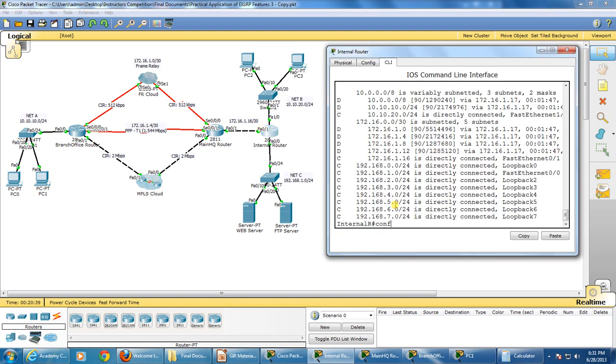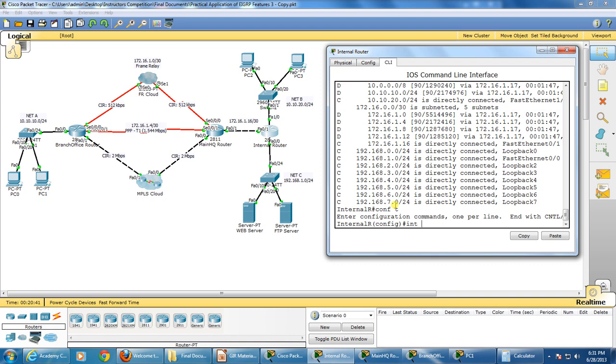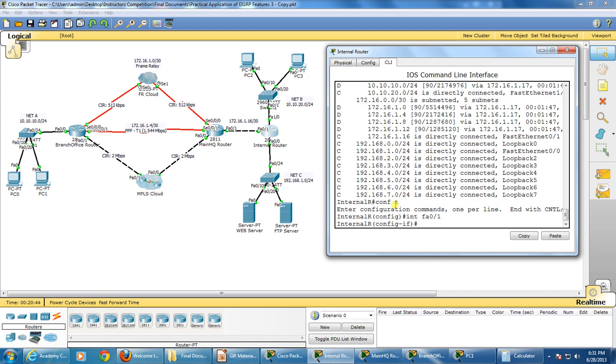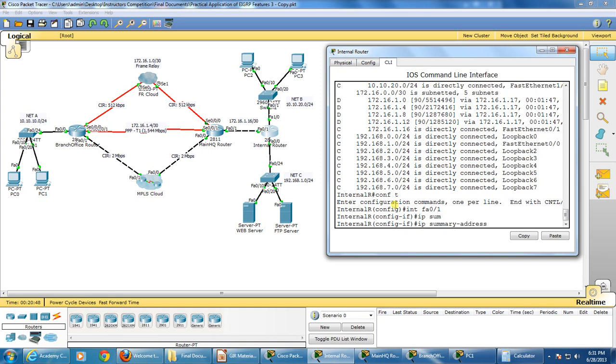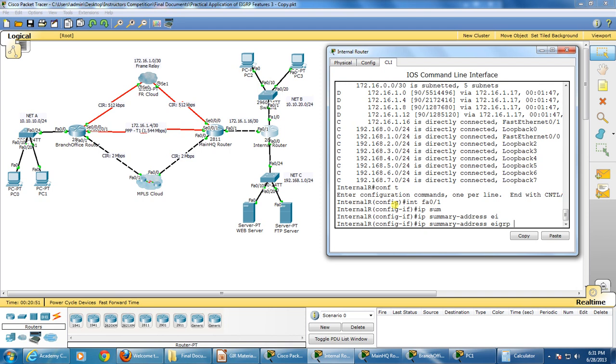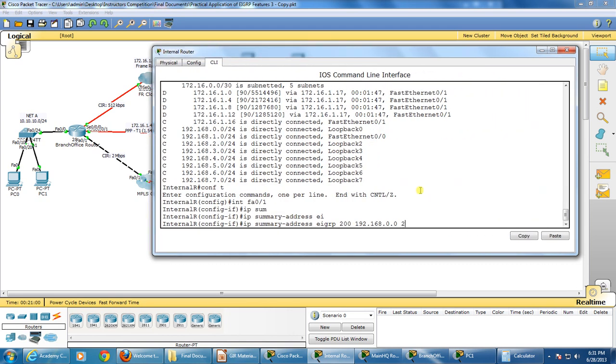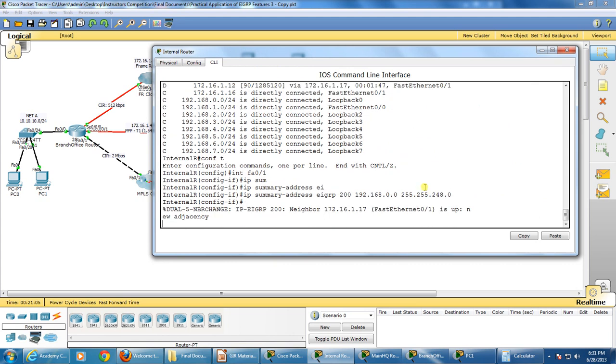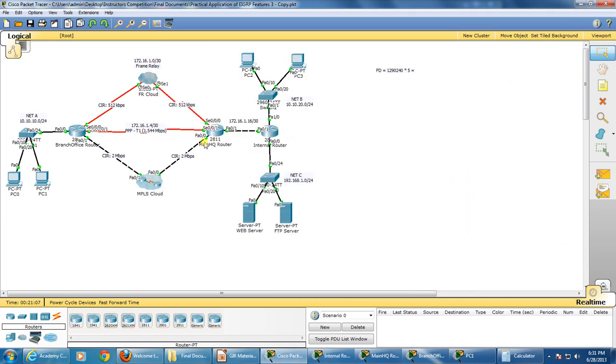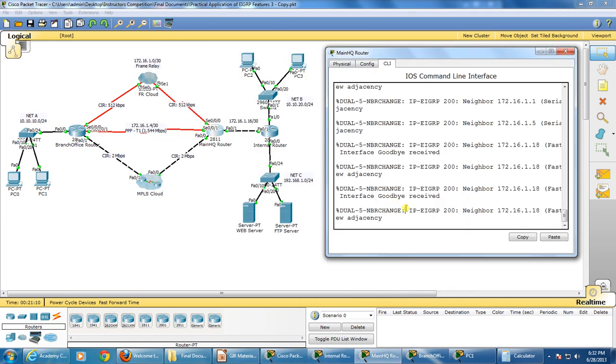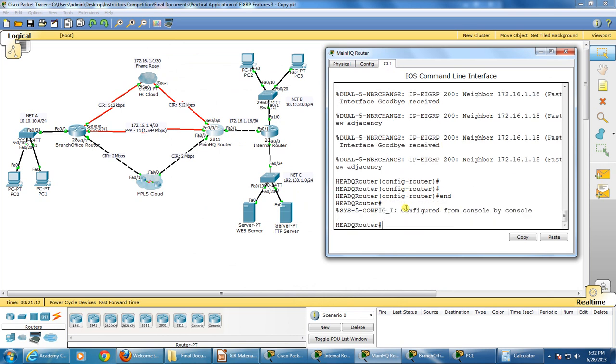So you have the interface FA01, and you have the ip summary-address eigrp 200, and then 192.168.0.0 255.255.248.0, and then enter.